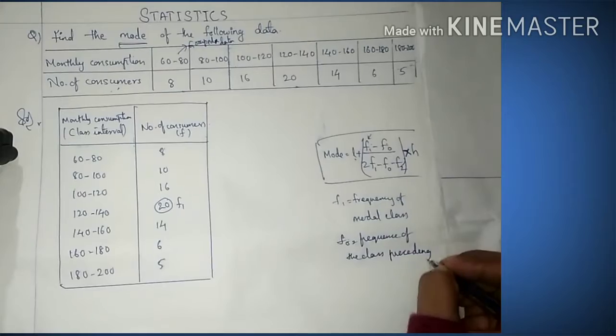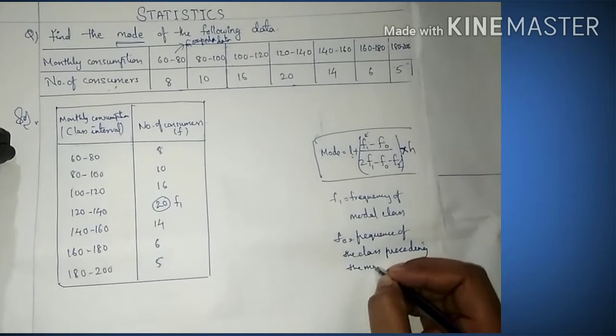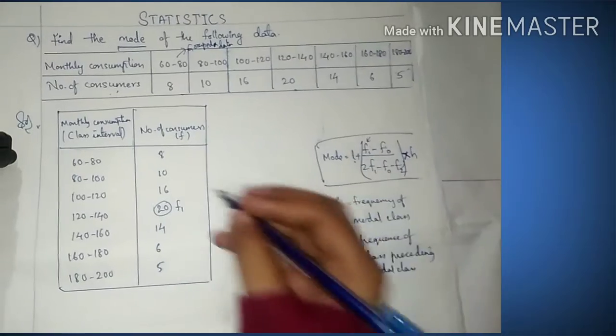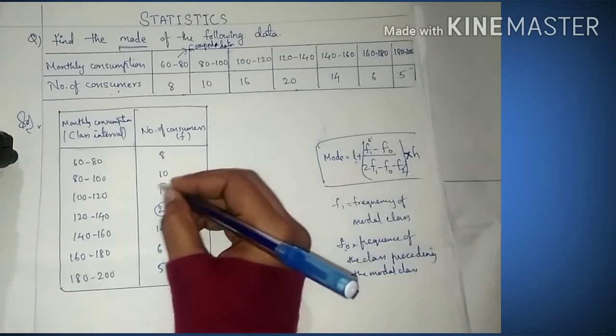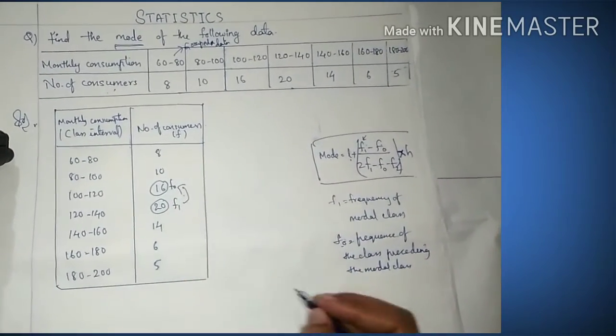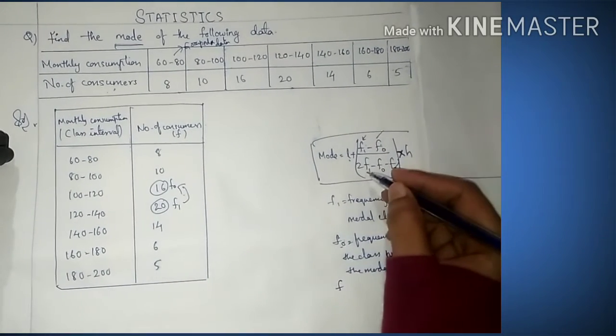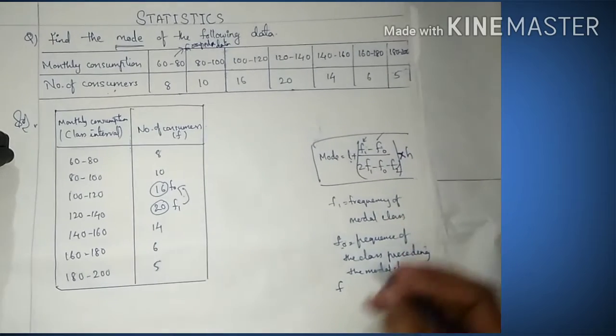The class 100 to 120 precedes the modal class and its frequency is 16. So f0 is 16.